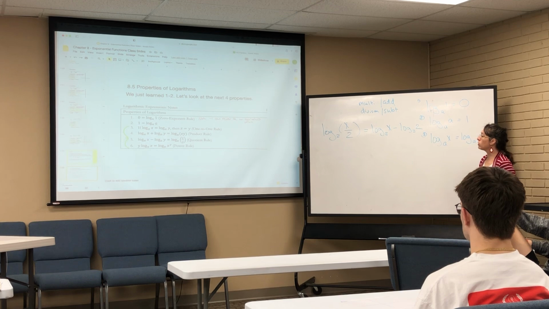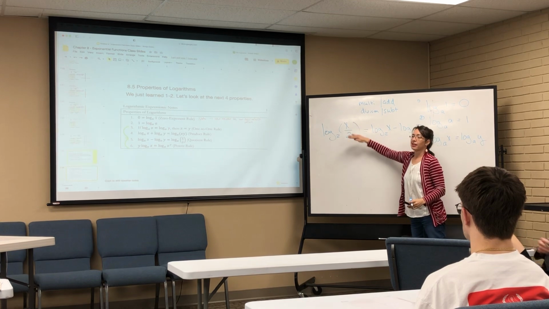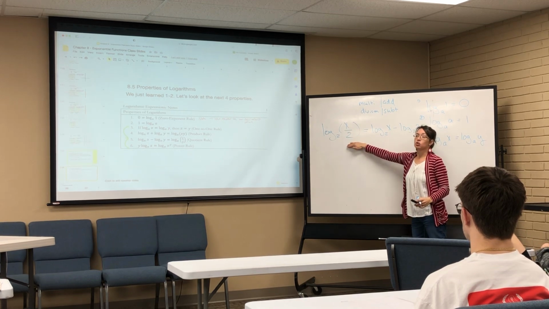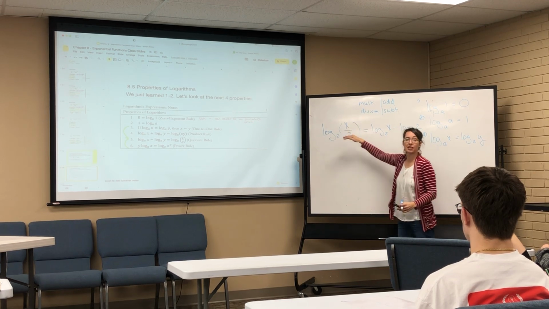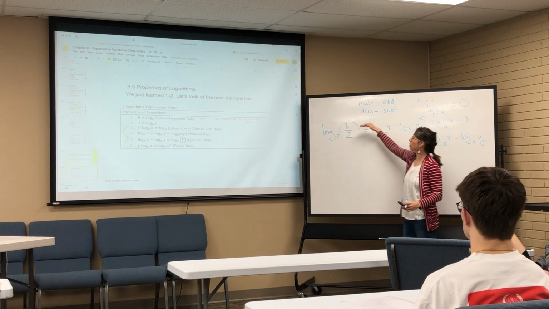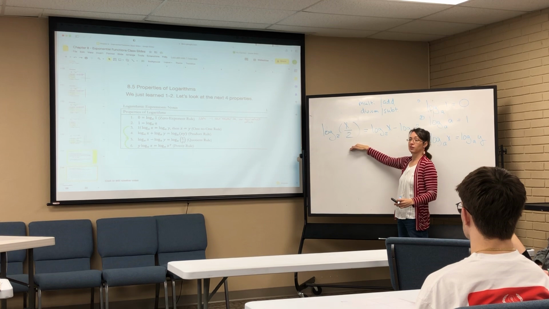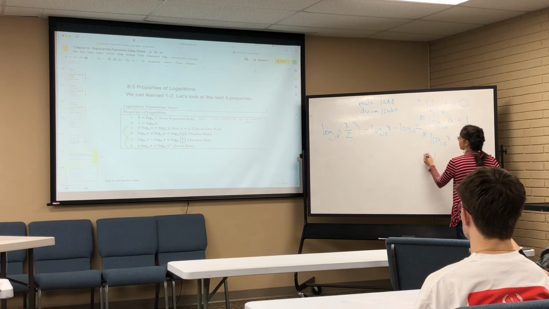Do you notice the order in which they're subtracted? Numerator, then denominator. Just like we did with exponents. We had to do the numerator exponent minus the denominator exponent. So they have to go in the order of numerator and then denominator when we separate them out. Right? So that's our other rules.